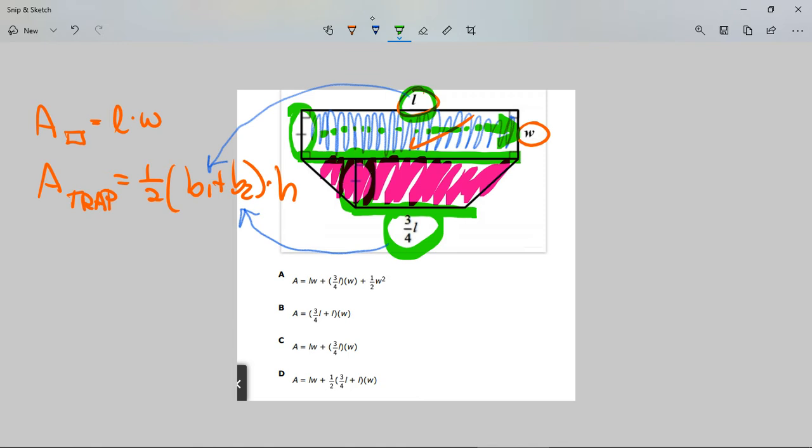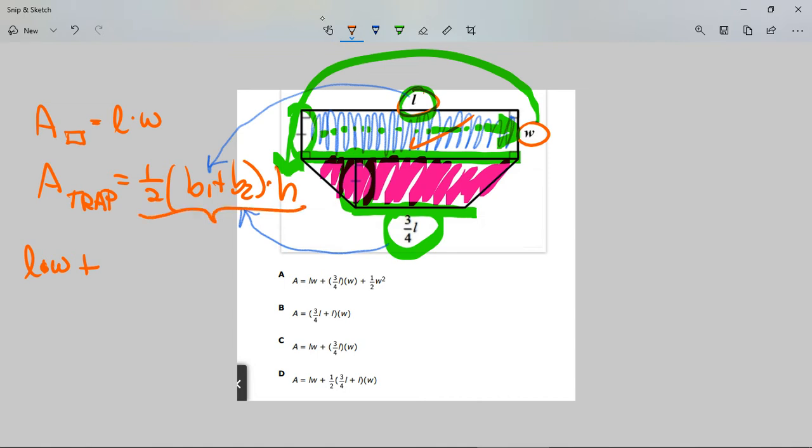Okay, so if you plug those numbers in, right? If you plug those numbers in right there, which one of these does it look closest to? It is the length times the width plus this thing.